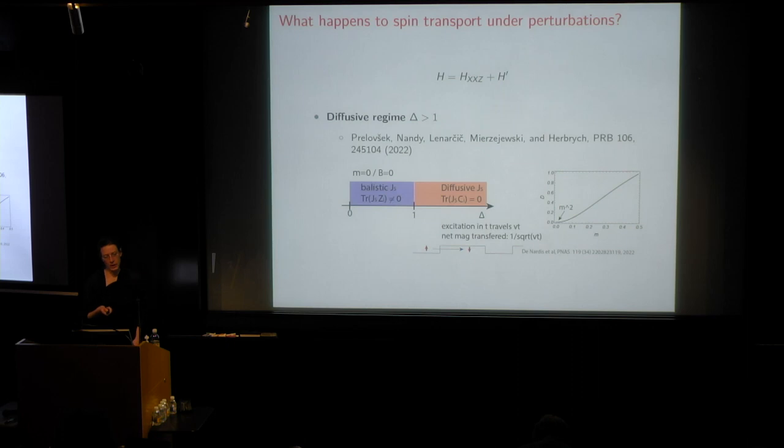So we can look at different regimes, and we'll start here with a supposedly boring one, the regime of diffusive transport, where one could ask what can happen if the transport is already diffusive, even in the integrable case. But it turns out that this diffusion is actually caused by ballistic transport of these quasi-particles.